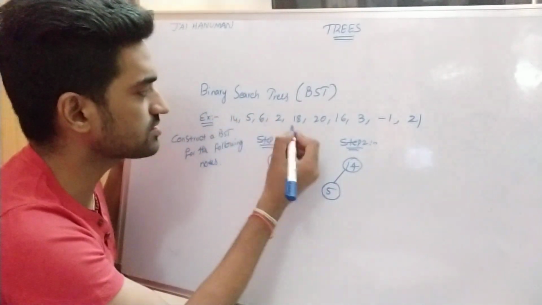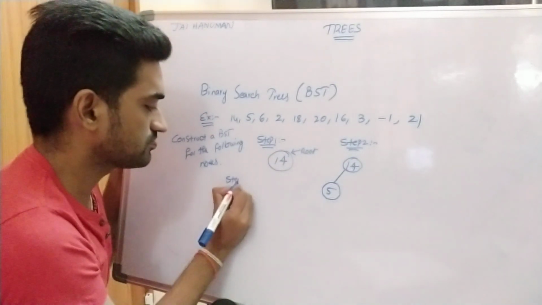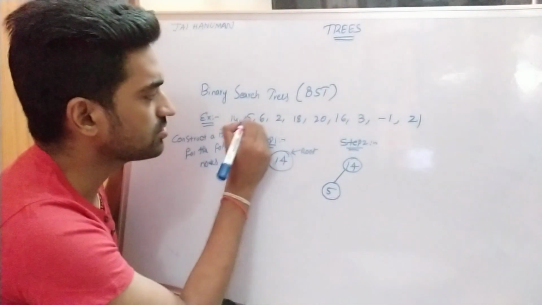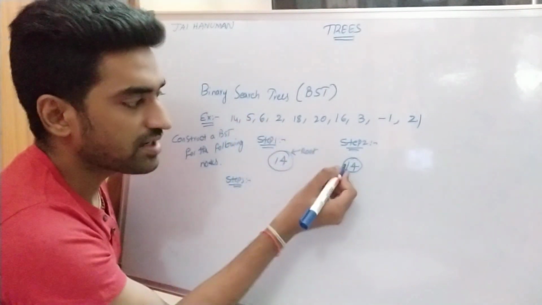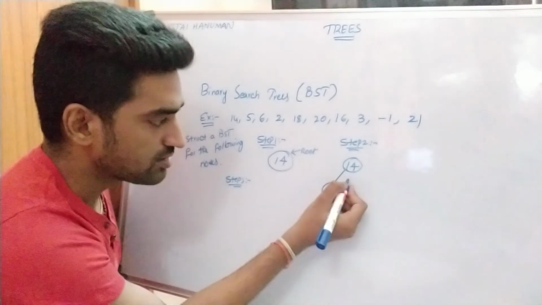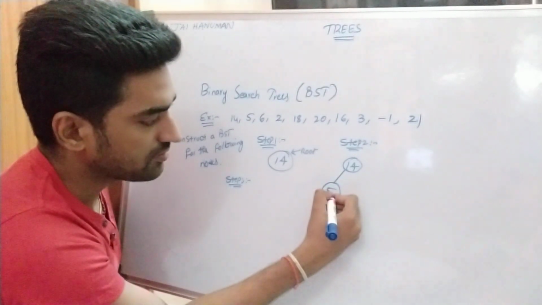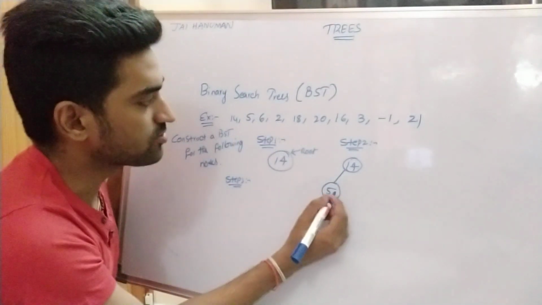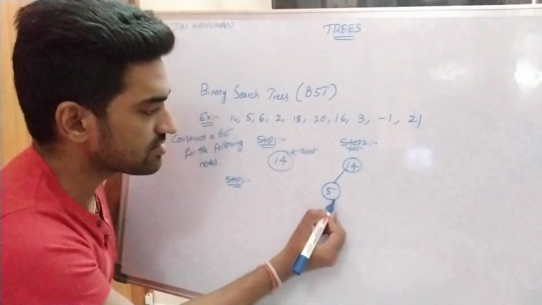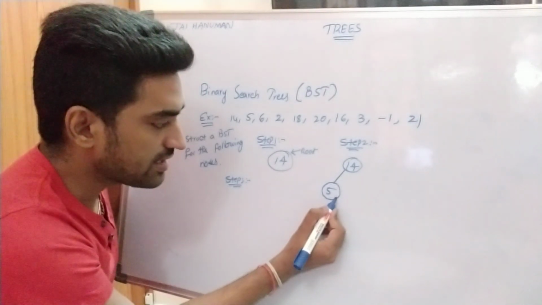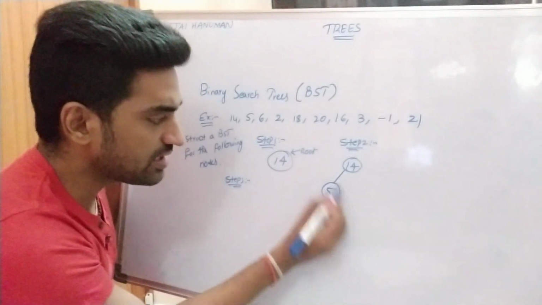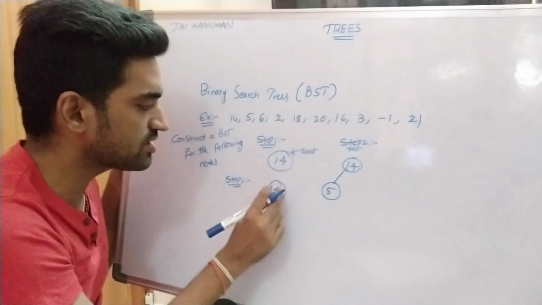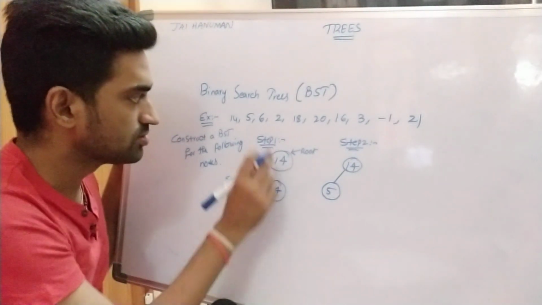Then what is the next inserted element? 6. So 6 is also a lesser value when compared to the root node, right? So what is the left subtree root? 5. When compared to 5, this is a greater value. So that's why we can place 6 at the rightmost position of the left subtree, right? First of all we apply the comparison procedure between 14 and 6.